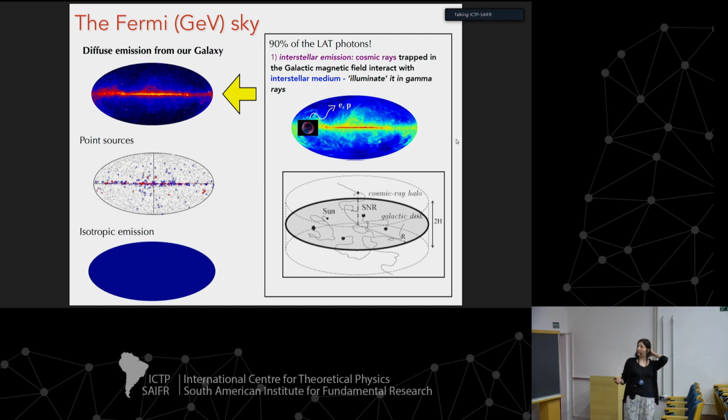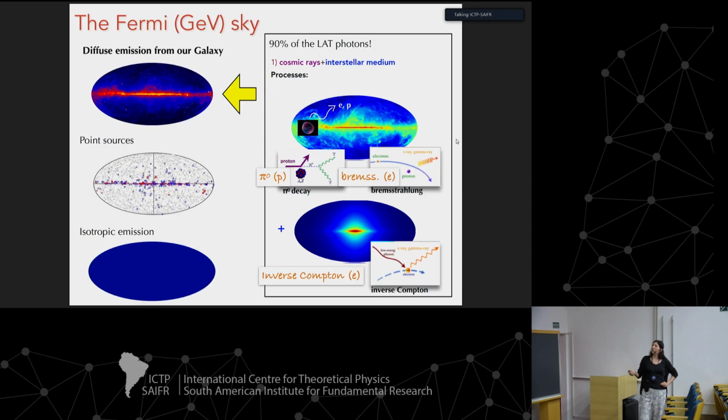So let's take a more detailed look. This diffuse interstellar emission that comes from the galactic plane, where does it come from? We will not go into detail, it's quite complex science, but basically the non-thermal sources, supernova remnants and pulsars, emit charged cosmic rays in the galactic plane. Those charged cosmic rays get trapped in the magnetic fields, they diffuse, and then impinge on the gas and scatter starlight to produce gamma rays.